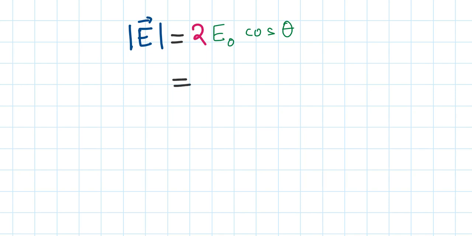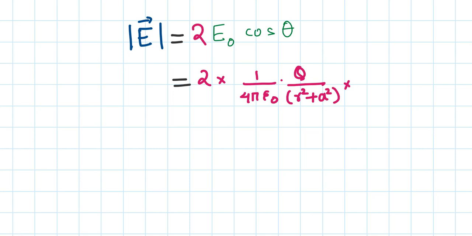Now just replace each term. 2 into E0, which was 1 by 4 pi epsilon 0 times Q by R prime squared, where R prime squared is R squared plus A squared, again into cos theta, which was A divided by the square root of R squared plus A squared.